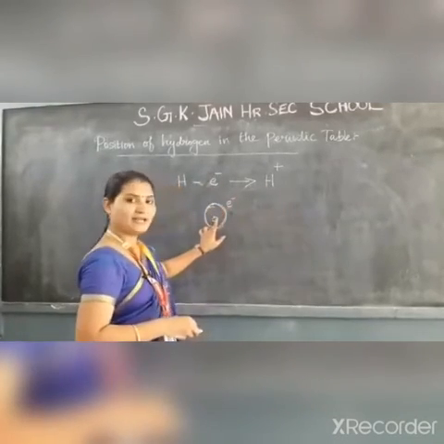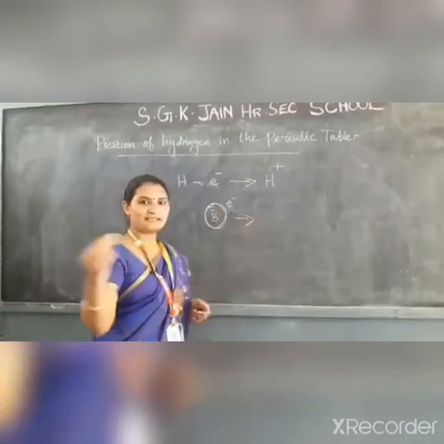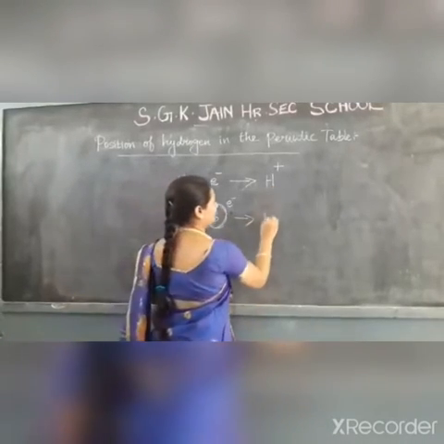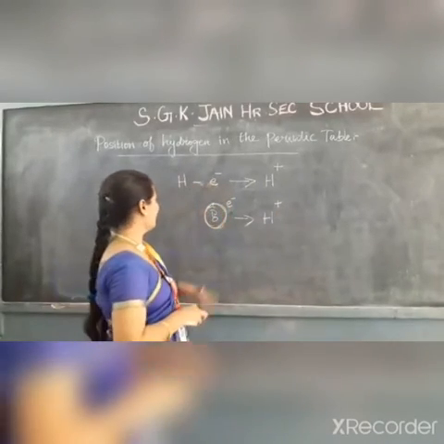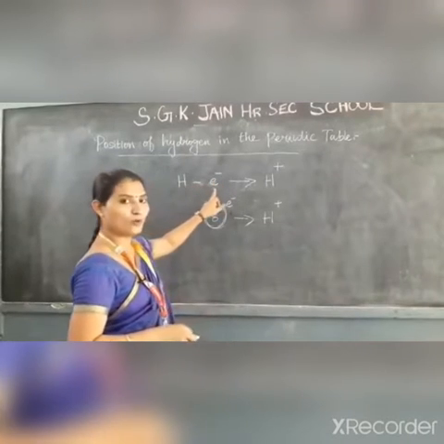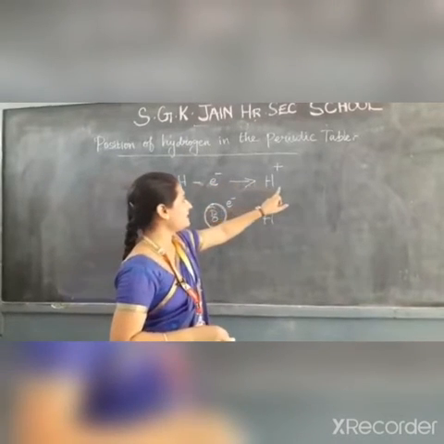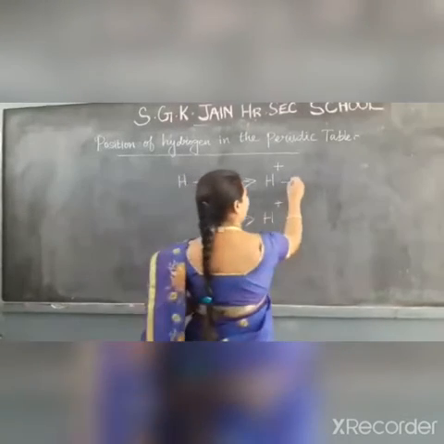So what remains? Only the proton remains. The proton has a positive charge, so that hydrogen will be a positive ion. Understood? Hydrogen tends to lose 1 electron and forms a hydrogen ion, and it is alkali in nature.